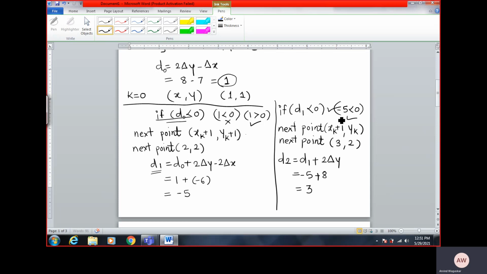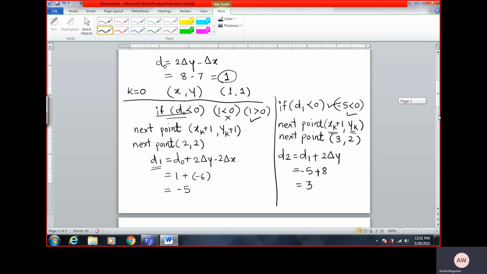But if it is negative, that is, less than 0, then your next point is, you just have to increase x, and y will remain as it is. I hope you have understood the differences.